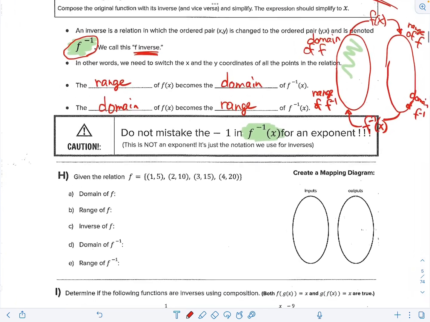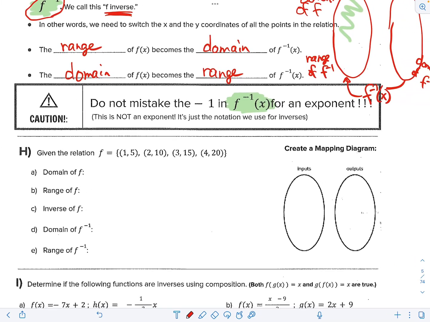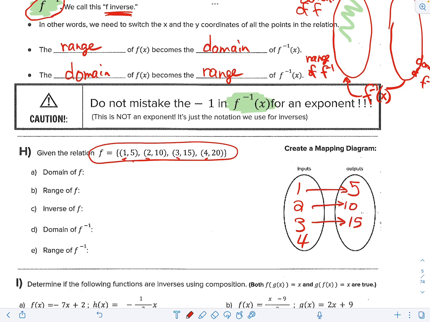So here's a quick way to think through the domains and ranges of these inverses. This is a function that takes four numbers, 1, 2, 3, and 4, those inputs, into four different outputs, 5, 10, 15, and 20. So it looks like f of x quintuples, 5 times.